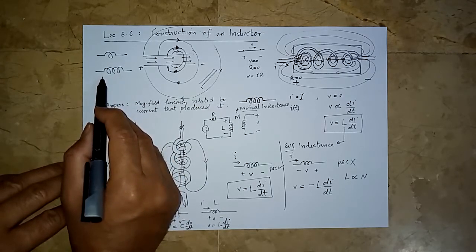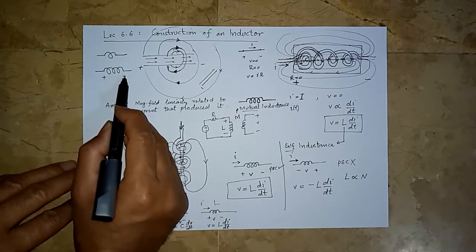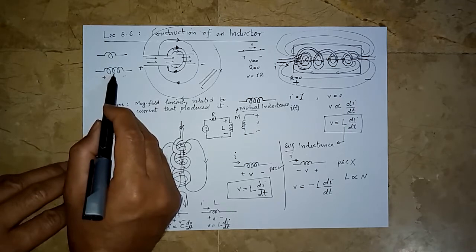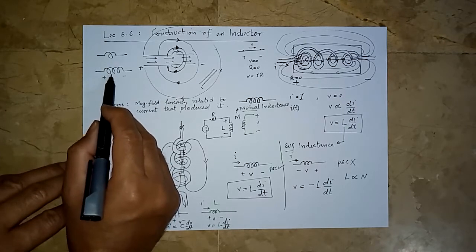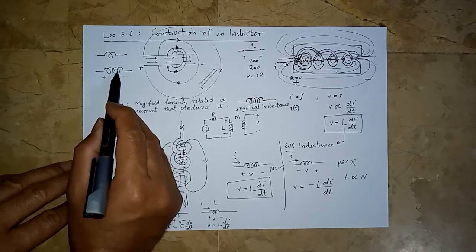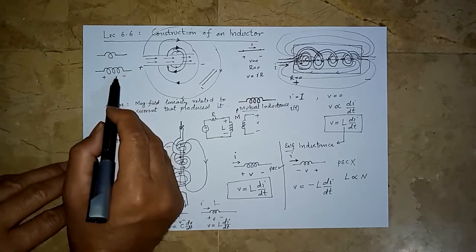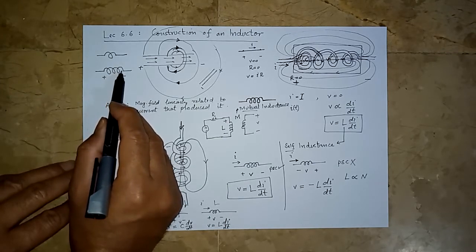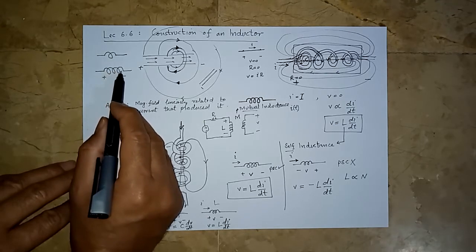So we can say that the voltage that appears across this inductor, the voltage that appears here and here, is the sum of all these voltages across each coil. So if we add another coil here, this voltage is going to increase. The flux linkage is going to increase, the magnetic field strength is going to increase as well.